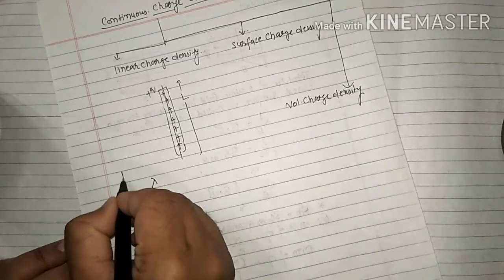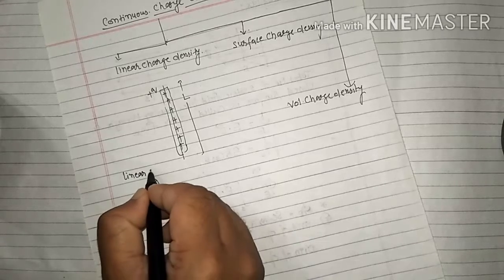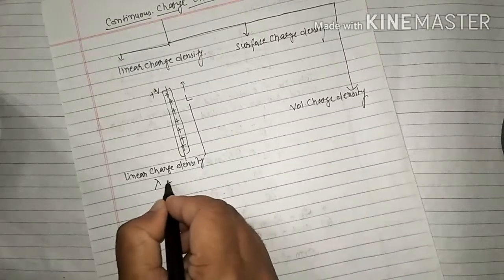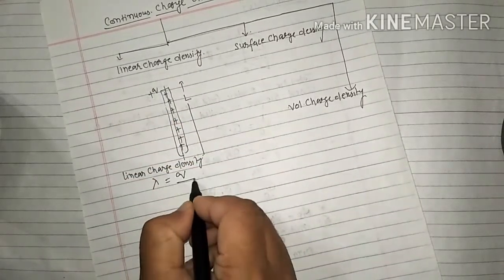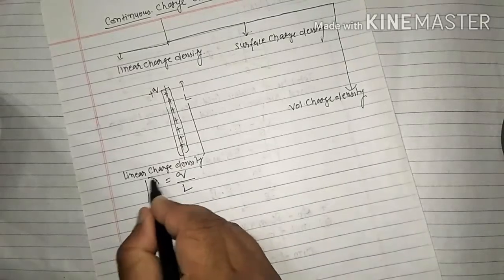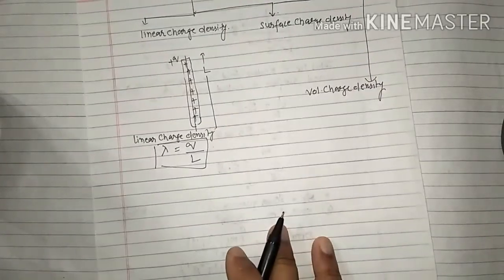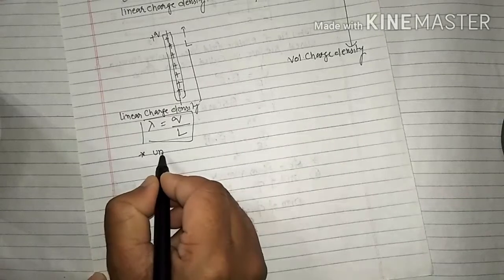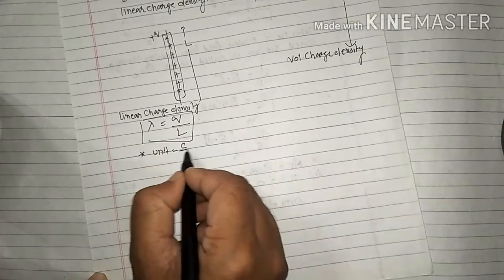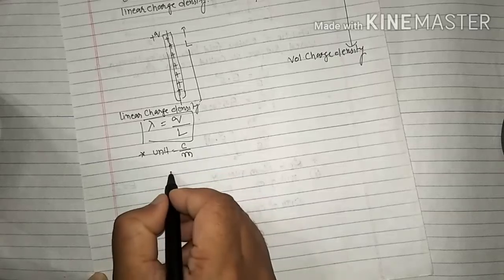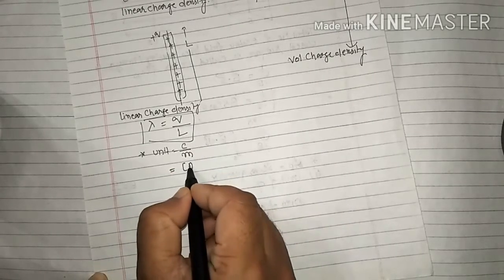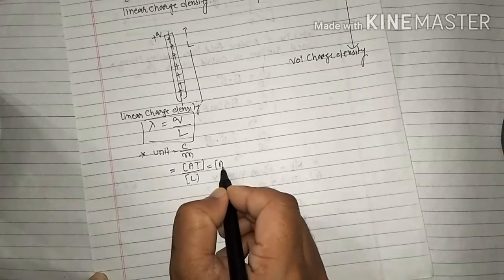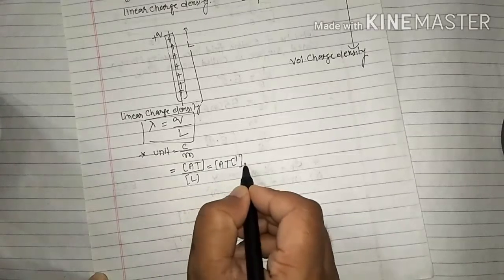So linear charge density lambda is nothing but charge divided by length. So charge per unit length is known as linear charge density, and the unit will be coulomb per meter, and the dimension of charge will be A T and length L. So it will be equal to A T L minus 1.